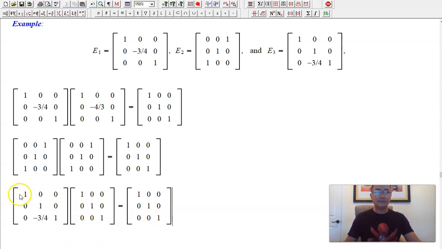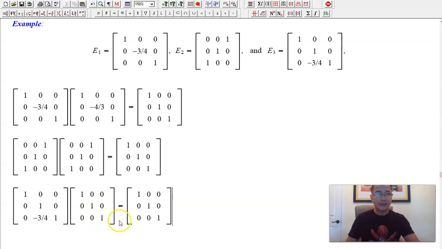So again, row 1 and row 2 will not change. So they're already correct. What about row 3? Well, this third row will take -3/4 of whatever is here and add it to whatever is here.